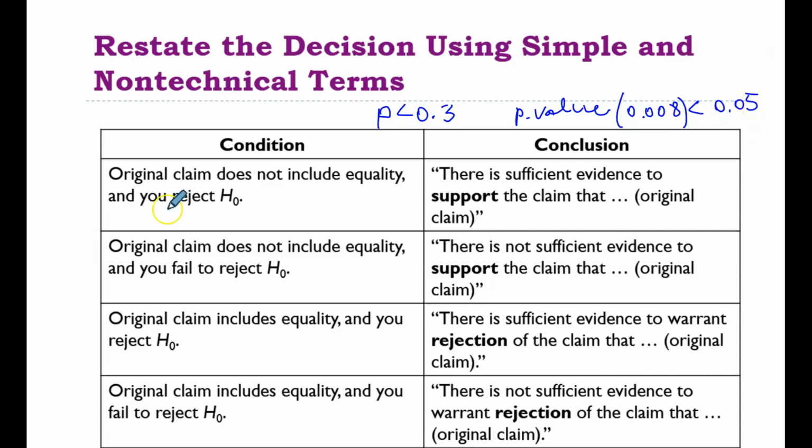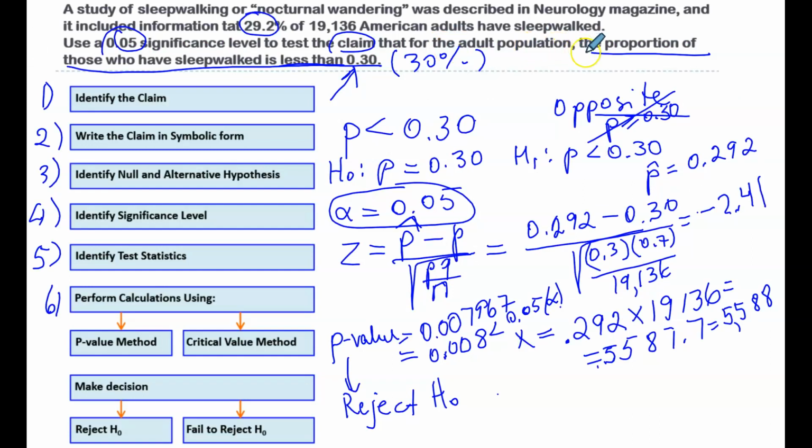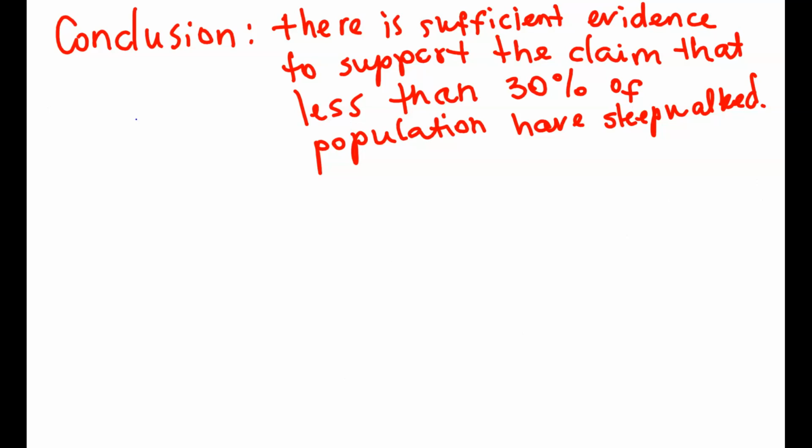So we reject the null hypothesis. Therefore, our conclusion is there is sufficient evidence to support the claim that, and we go to original claim, that for adult population, the proportion of those who have sleepwalked is less than 0.3. Here's our conclusion in non-technical terms. There is sufficient evidence to support the claim that less than 30% of American adults population have sleepwalked.